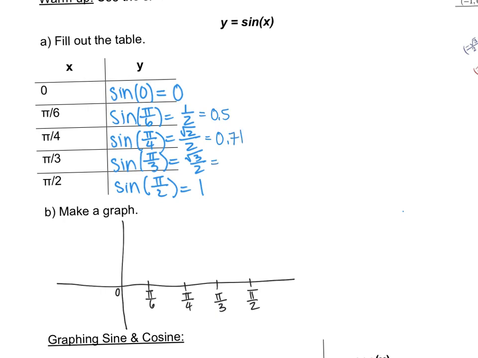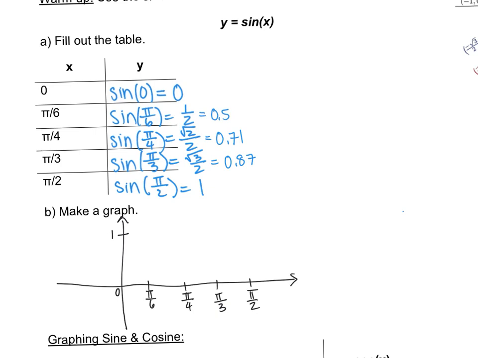And square root of 3 over 2 is almost 0.87 if I round to the second decimal place. Having it as a decimal when graphing is much easier to plot. So I can see my lowest y value is 0 and my highest y value is 1. So it looks like I only need to plot this to 1.